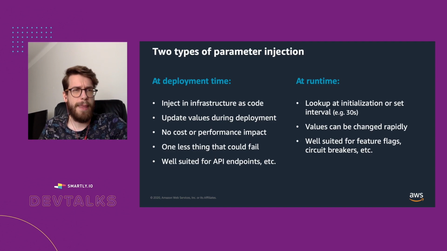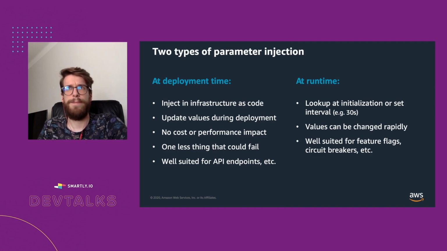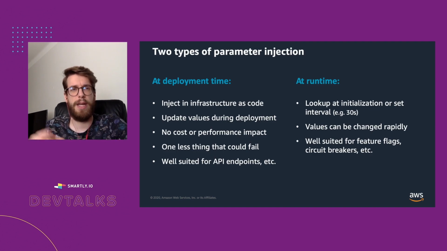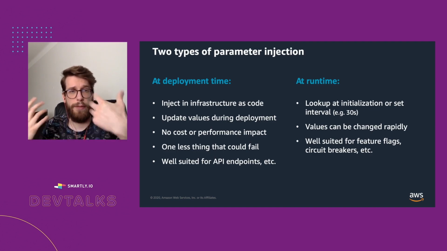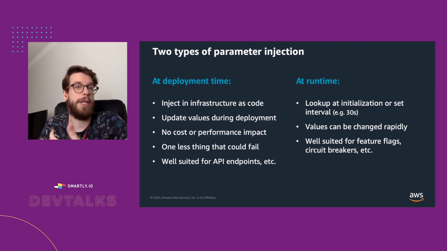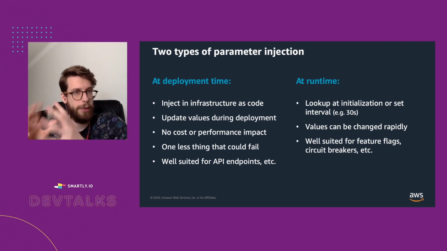And that brings me into the types of parameter injection. And I see really two types. Here I talked a lot about the deployment type. So you inject in the infrastructure as code, and the values are updated during the deployment process. The good thing is that once it's deployed, there's no cost or performance impact because it's bundled together.